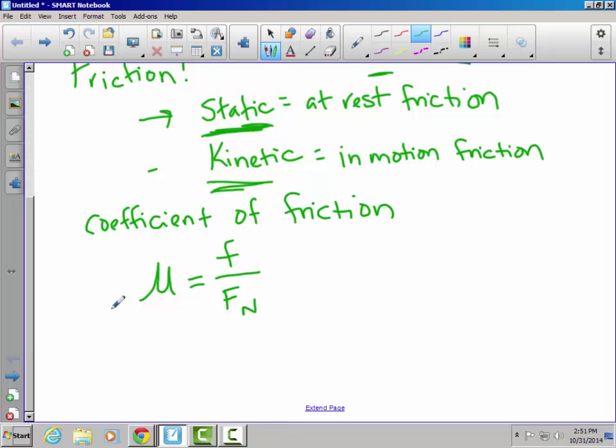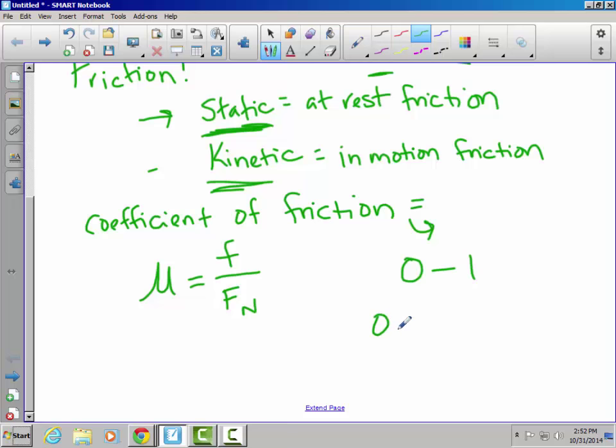So what that means is that objects or situations that have higher coefficients of friction mean that there is a lot of friction present in that situation. So the coefficient of friction is just a way for us to discuss, okay, how much friction is happening in this picture? Is it a lot? Is it a little? The coefficient of friction will typically be between 0 and 1.